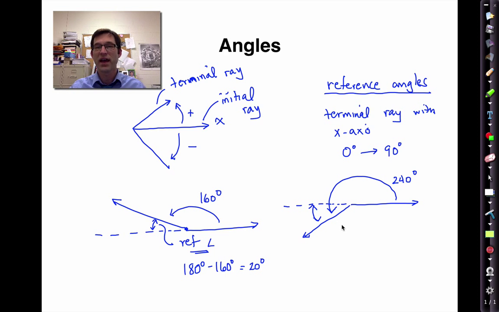Keeping in mind that since this is 180 degrees, to find that little reference angle in there, I would take my entire angle, 240, subtract my 180, and I'd have a reference angle of 60 degrees. All right? Sometimes the reference angle and the original angle are the same thing. Sometimes you have to do a little bit of geometry. But the reference angle will always be the angle between the terminal ray and the x-axis.